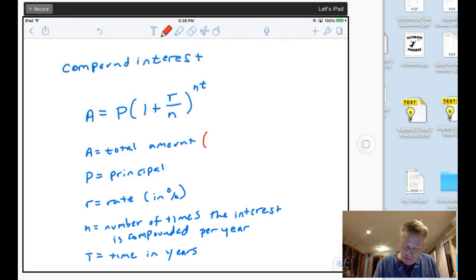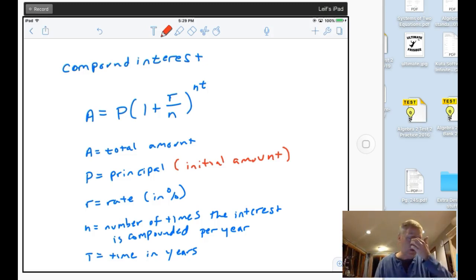Write that on the side. Oops, wrong spot. r is the rate in percent. n is the number of times that the interest is compounded per year. Usually in the real world, it's 12, okay?